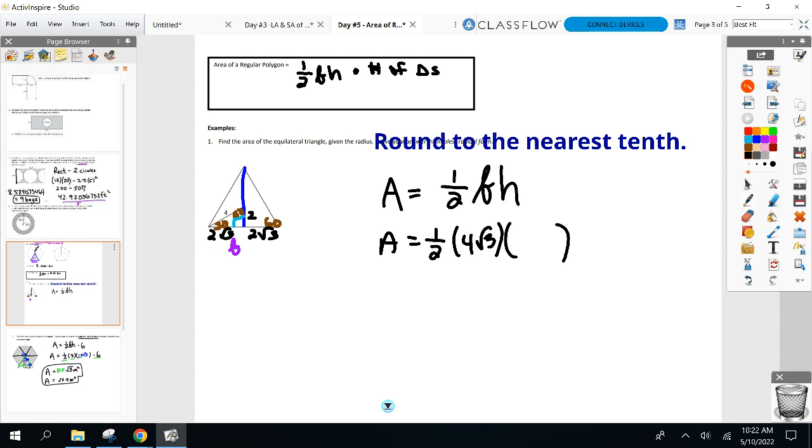You ready for the height? We all know a piece of the height is 2, right? A length of 2. Think about the other piece that we need. What do I call this again? From here to here. What's that called again? Radius. What was the original radius? 4. So this radius will also be 4 for a height of... Okay, you guys can do this.